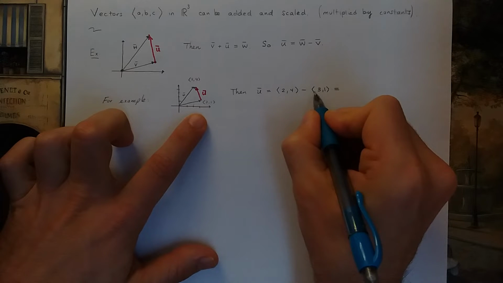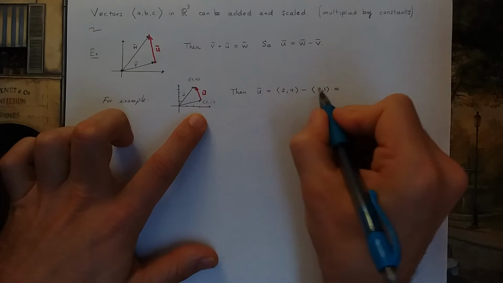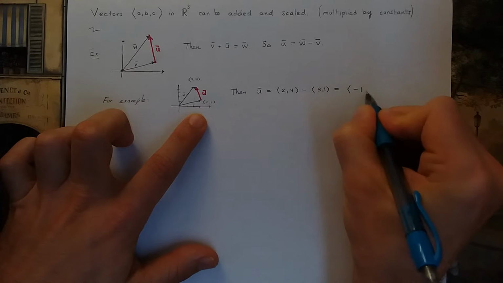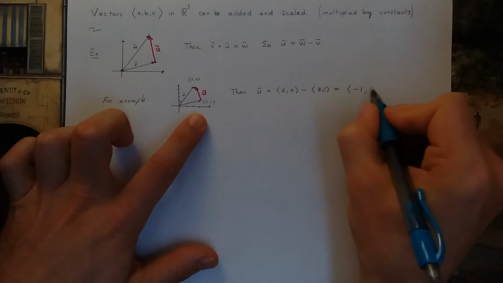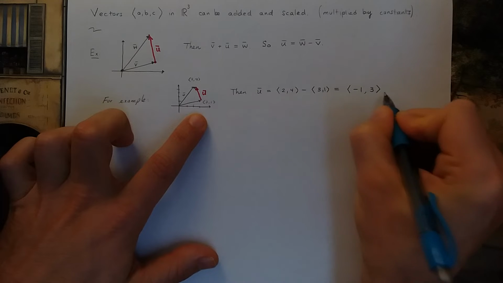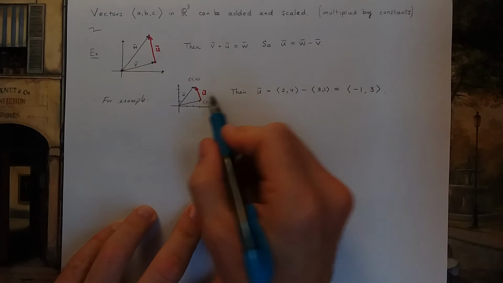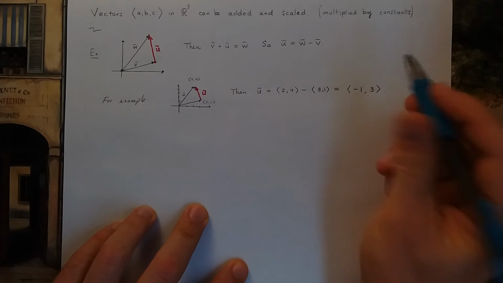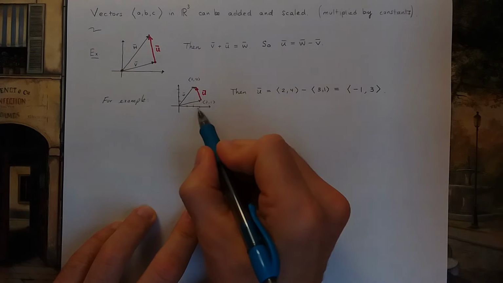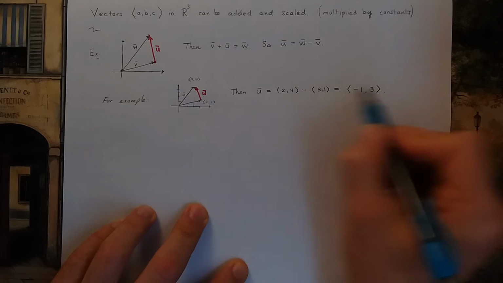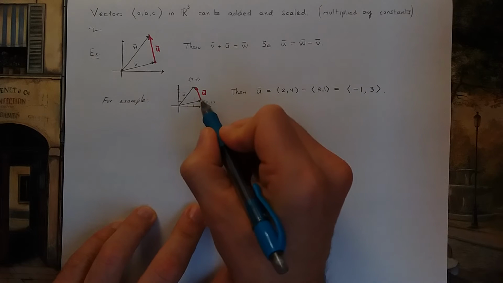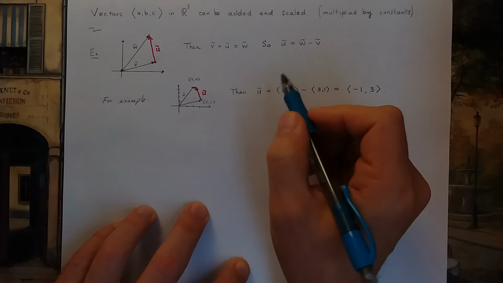And if you subtract these vectors component-wise, I get 2 minus 3, which is -1, and then 4 minus 1, which is 3. So the picture looks correct. The vector u says travel -1 steps in the x direction, so go backwards 1 step, and then go up 3 steps. That looks exactly like what u is doing.